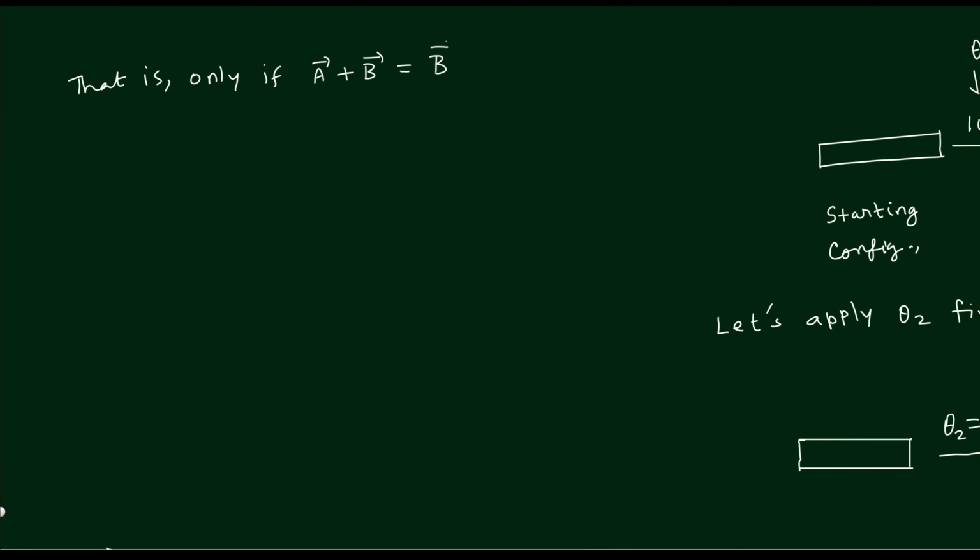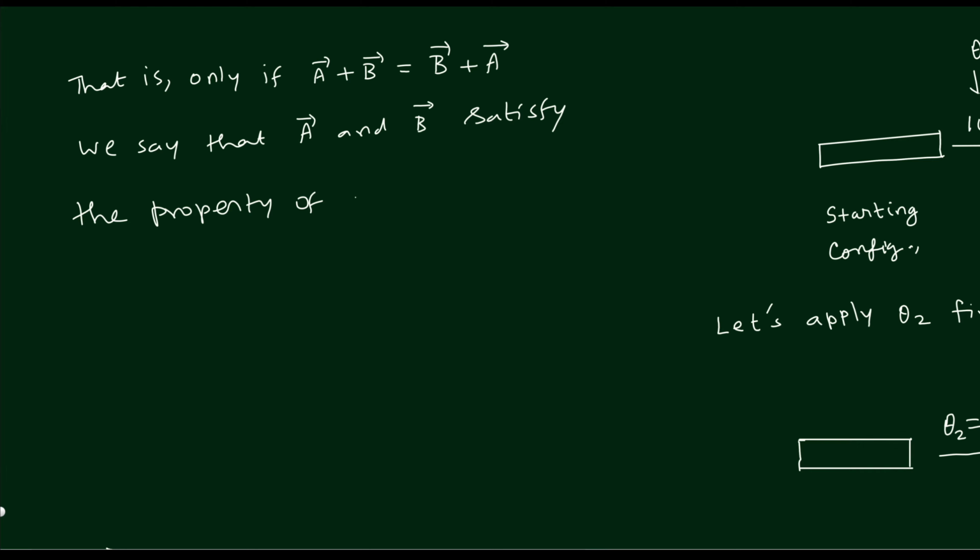Because theta is not very important. Mathematically speaking, A and B are vectors. If A plus B is equal to B plus A, we say that it is obeying the vector addition rule. Because the vector addition rule is something that you already know, and that rule has to be satisfied. If that rule is not satisfied, then we cannot call that object a vector. So you have to realize what we are writing. In general, A plus B should be equal to B plus A. Then only you agree that it is a vector. Otherwise you won't agree, right?